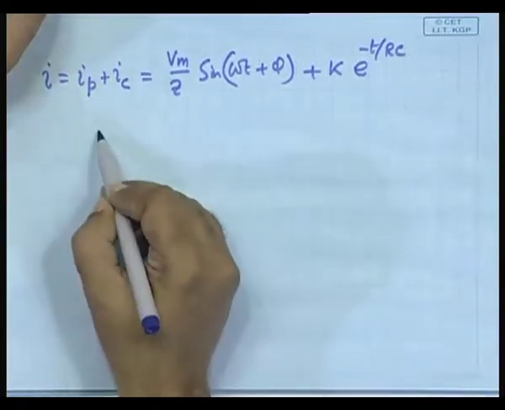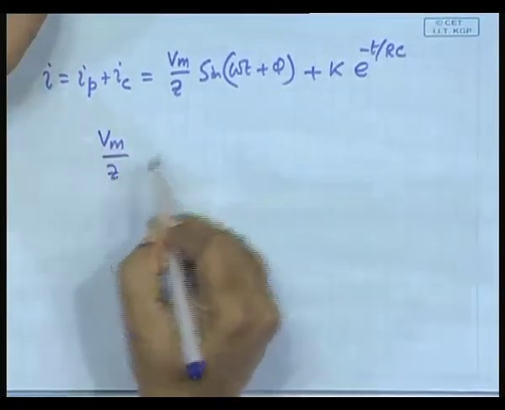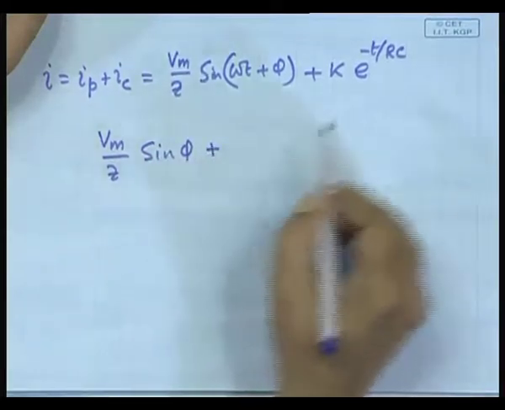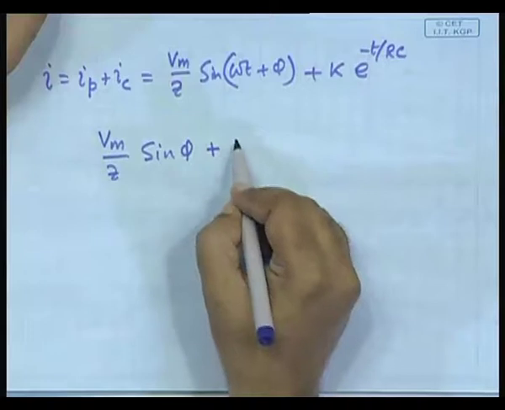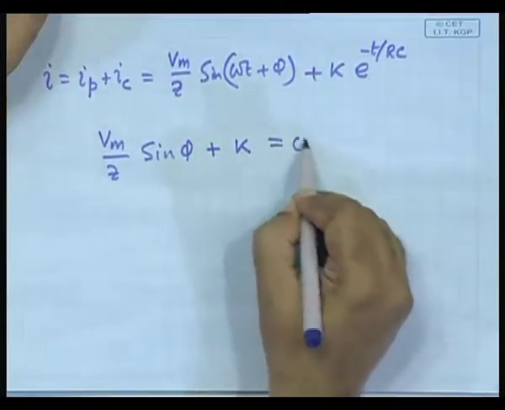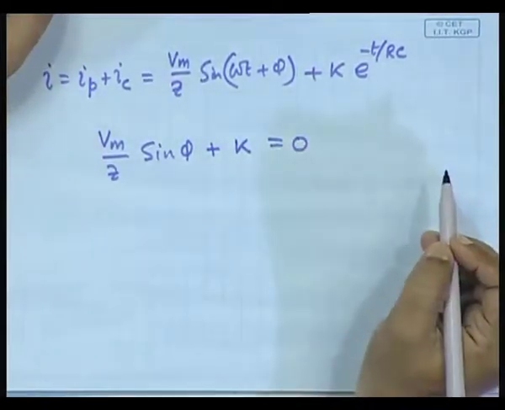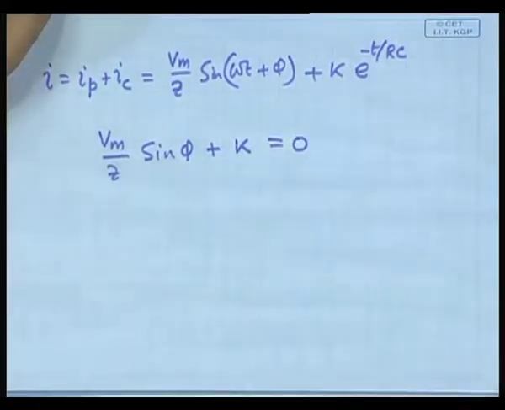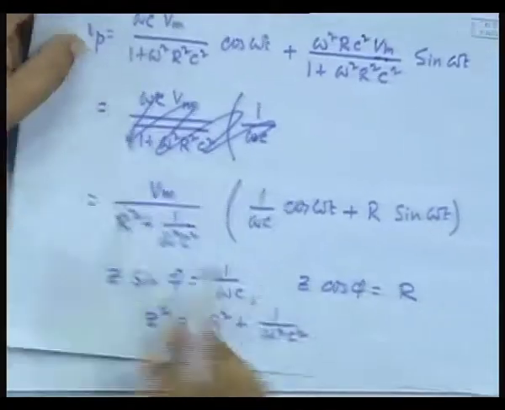V m by Z sin phi plus k. Fine. So, you know what sin phi is, we have already written it down, substitute that here.